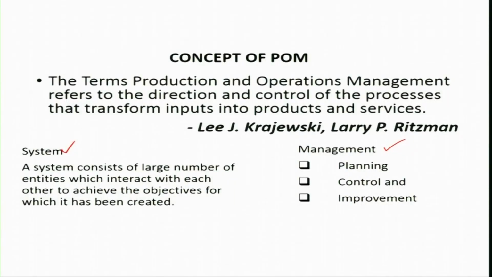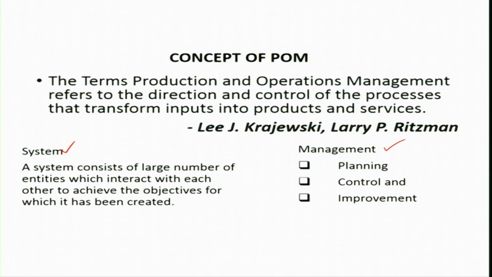There are several definitions of system, but to keep things simple, a system consists of a large number of entities. Like in our production operations management system, the entities are man, material, machines, money, energy, information. These are all entities, and a system consists of these entities which interact with each other.